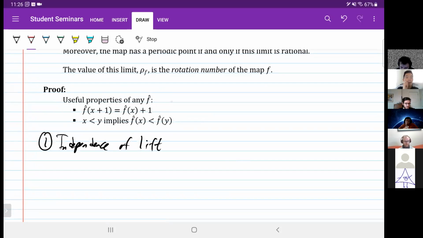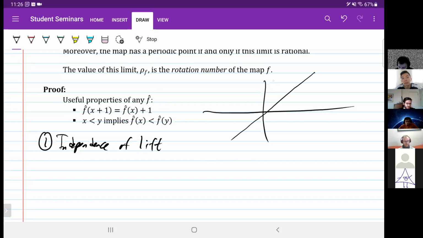So this says that if I lift my circle map to R and it's a diffeomorphism, then if I go up by 1, the lift increases by 1 as well. So this is to say that if I zoom out really far, all lifts of the circle look kind of like lines with slope 1. If I zoom out really far, they all look basically like lines.